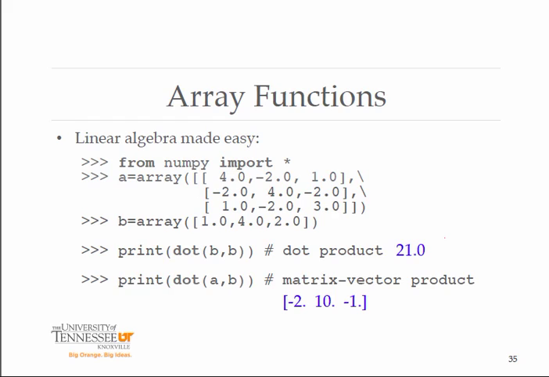Now, linear algebra is made easy with the array. That's why Numpy is very important to have, and that's why we insisted that you make sure that you install it with your Python interpreter. So here's an example. For generality, let's say we want to access all of Numpy, so we would do from Numpy import star, the wildcard.